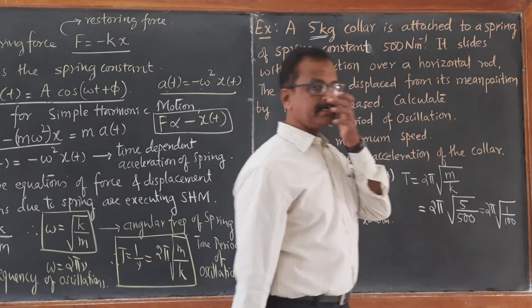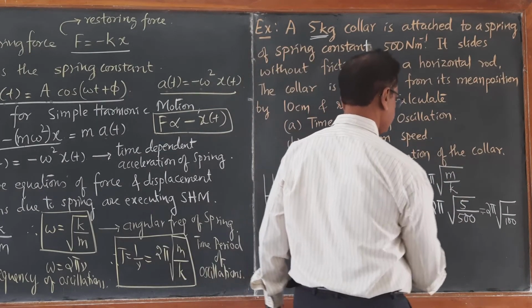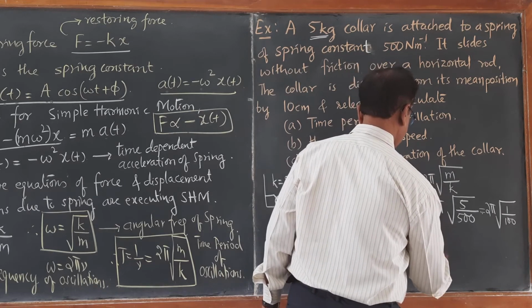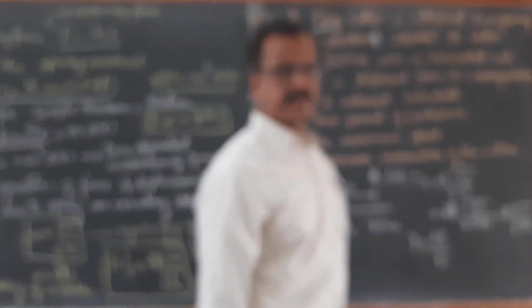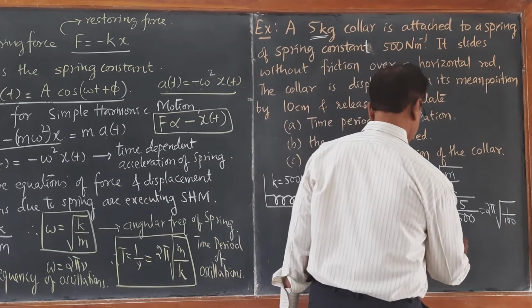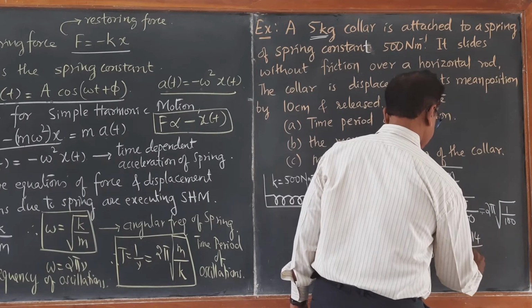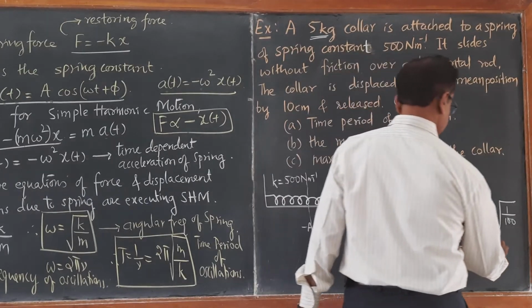Square root of 100 is 10. Therefore, time period of oscillation becomes 2 pi divided by 10. We know the value of pi is 3.14. So 2 into 3.14 divided by 10 gives us 6.28.